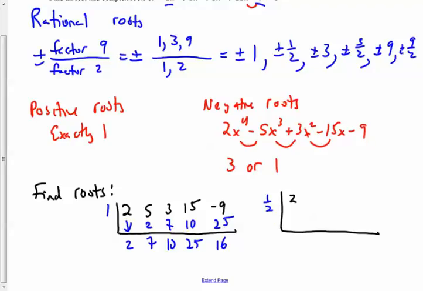Let's try maybe instead 1/2 for the next one. So same setup using synthetic division so that we can check quickly and find the remaining piece when we check. So bring down the 2. 2 times 1/2 is 1. Add it. 6. 6 times 1/2 is 3. Add it. 6. 6 times 1/2 is 3. Add it. 18. 1/2 times 18 gives me 9. And so, yep, I get a 0 at the end.